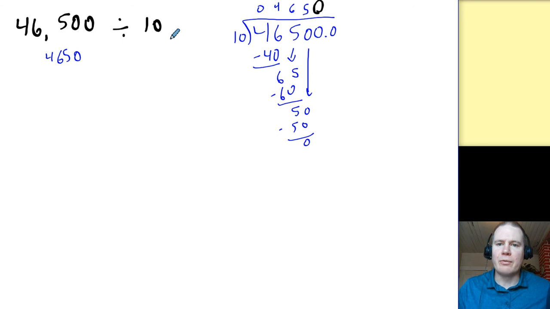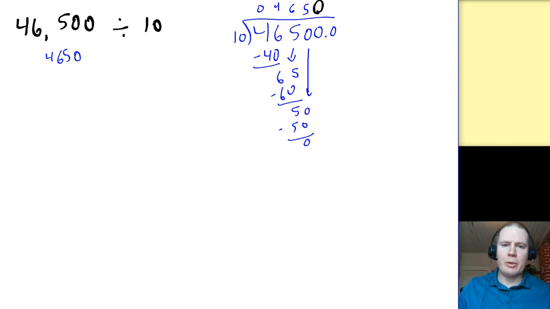By dividing by 10, we get basically the same number, but it's moved over one spot in terms of place value.